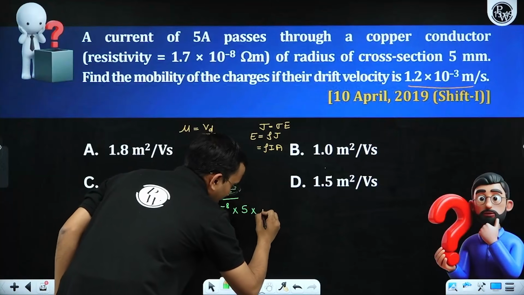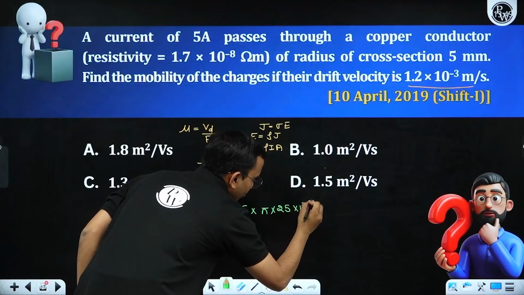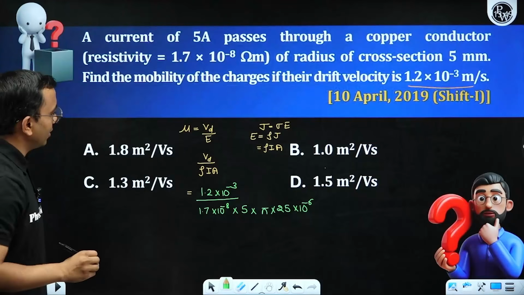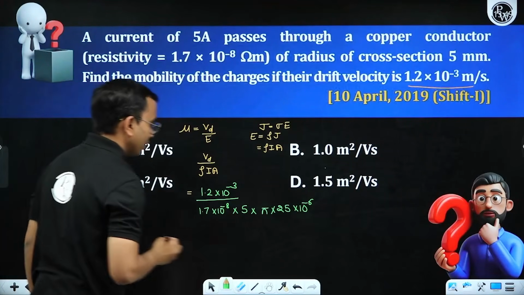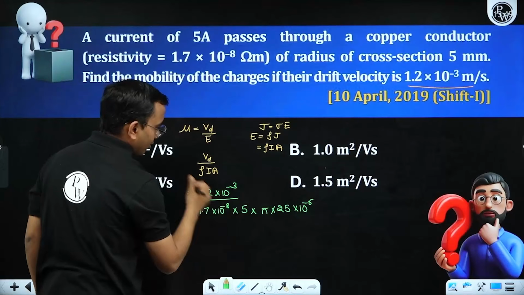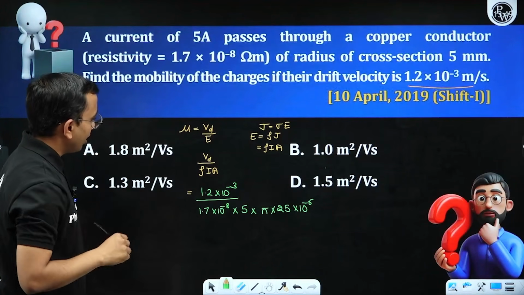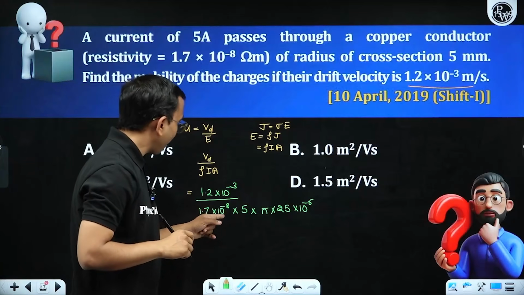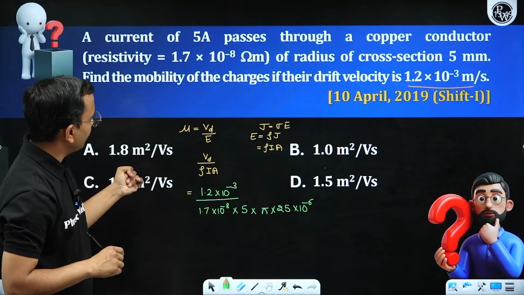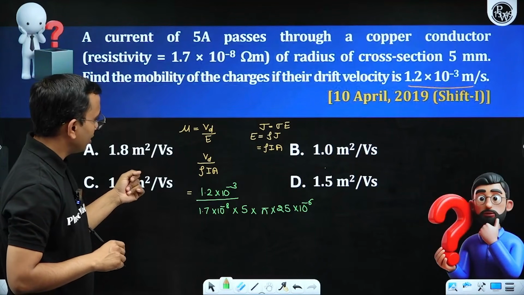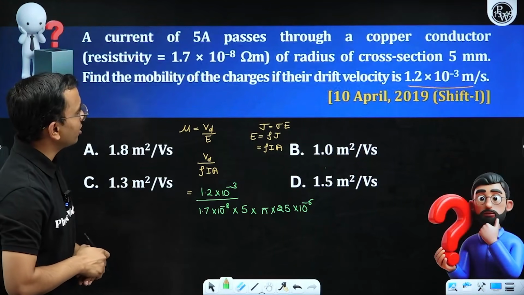So pi into 5 square is 25 into 10 to the power minus 6, because that was in mm. Now from here we need to simplify, and if we see, this is 1.7 into 10 to the power minus 8, okay, that is correct. And this was I into A. I was 5, yes, that is also proper. 10 to the power minus 6. Oh, very small answer is coming, by the way.